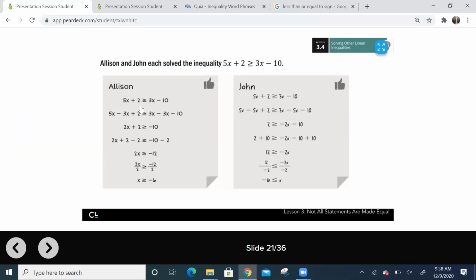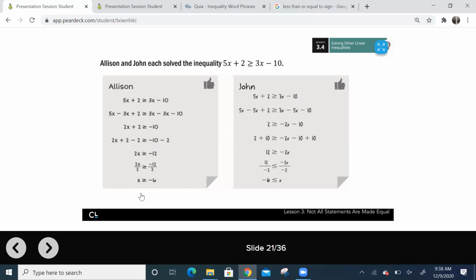Looks like she subtracted 3x from both sides, and then she subtracted 2 from both sides. So you get x is greater than or equal to negative 6. John, on the other hand, instead of subtracting the 3x, subtracted the 5x. Then you add 10, so kind of like doing the opposite of what Allison did. And he gets negative 6 is less than x.